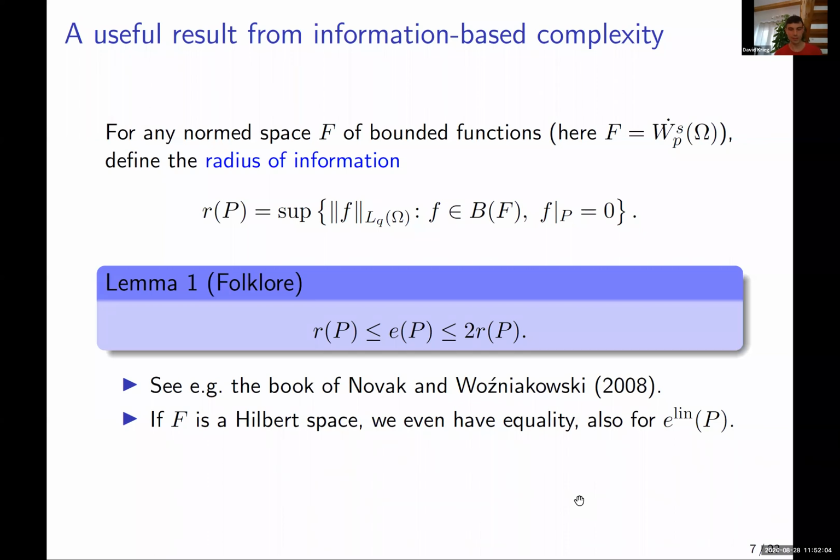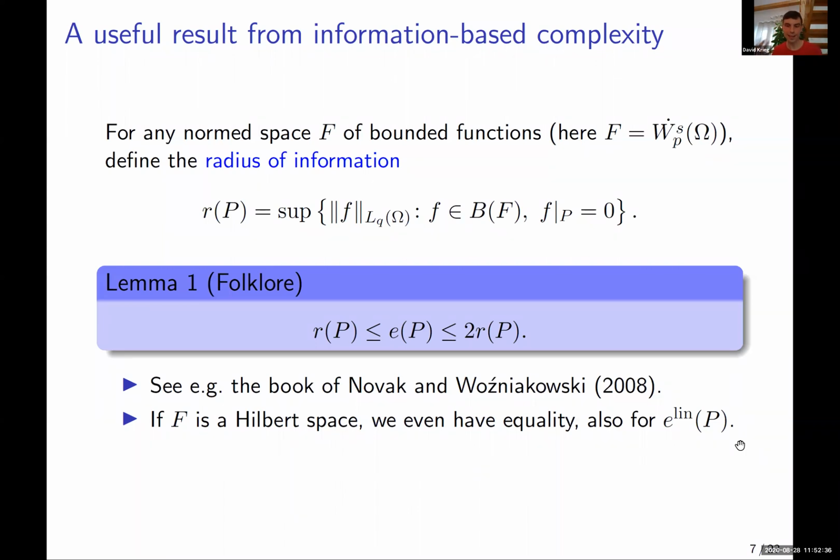And you even have equality here, that the minimal worst case error is exactly the same as this radius of information. One such case is if F is a Hilbert space. And then we also have the equality for the linear algorithms. But in our case, we do not always have this equality, at least to my knowledge.